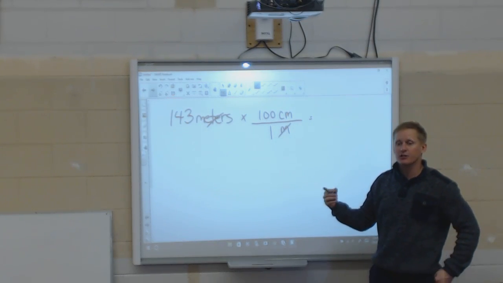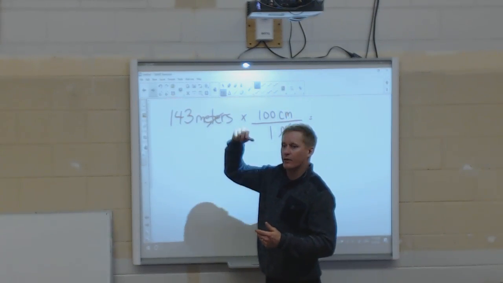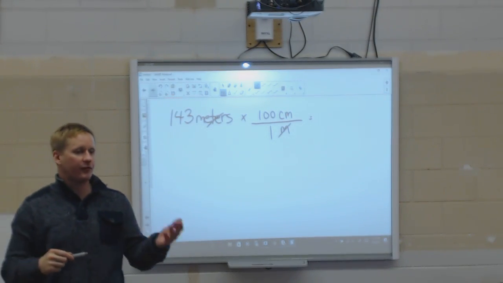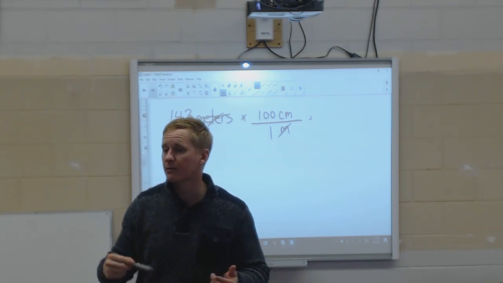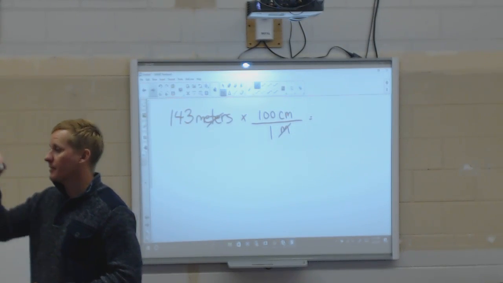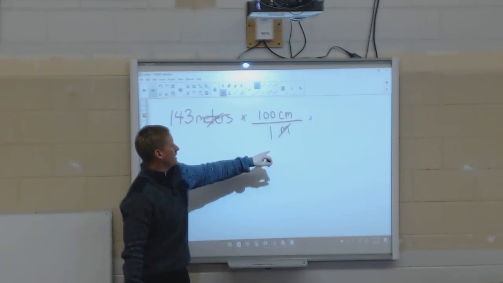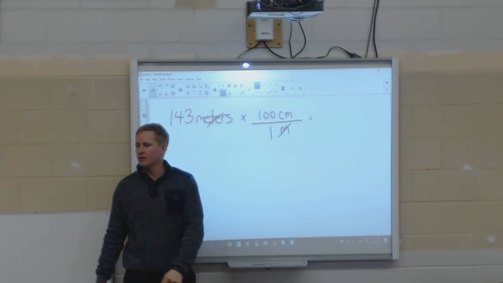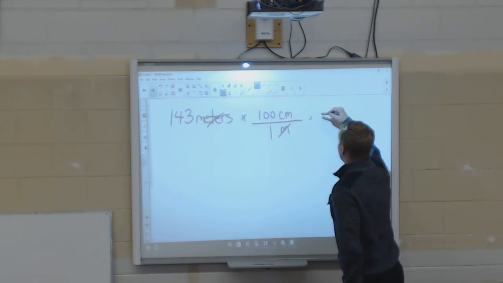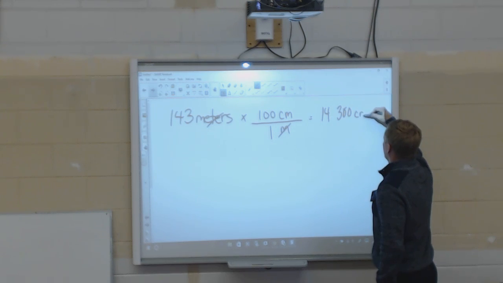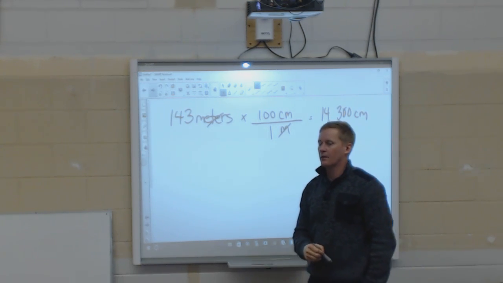Just like with numbers, when you have a number over another number, they can cancel out if they're on the top and the bottom of a fraction, right? 2/4 can be 1/2 because the top and the bottom can divide by 2. So I can do that with units. So what unit am I left with? Centimeters. And then I punch it into my calculator, and I have that. Okay?